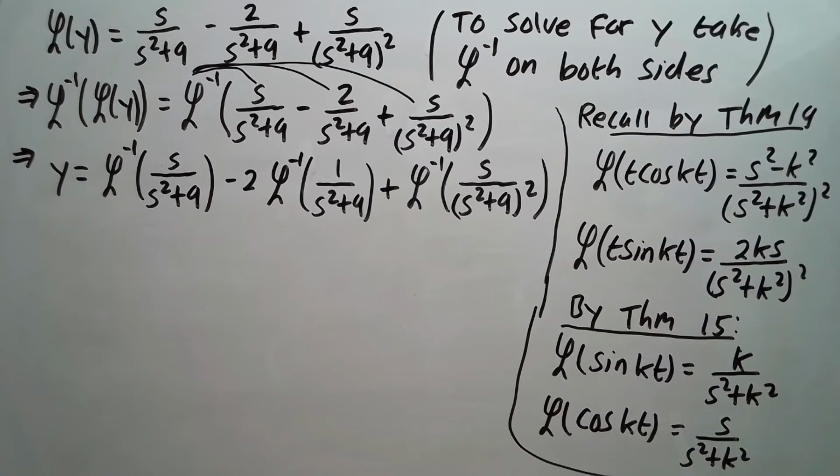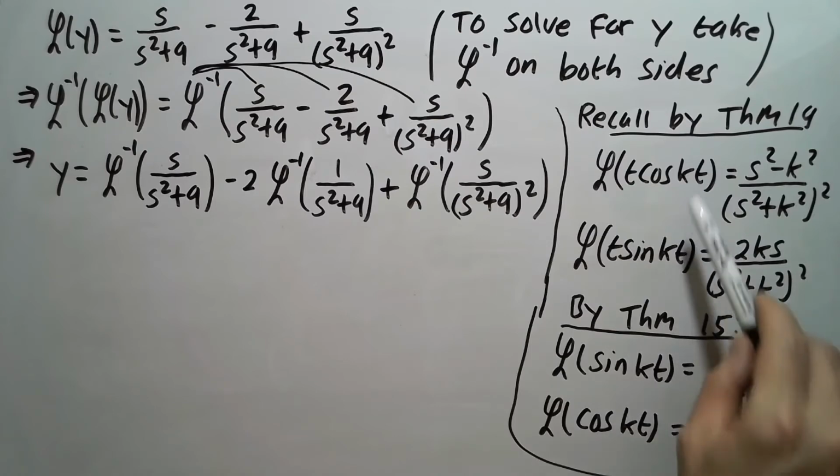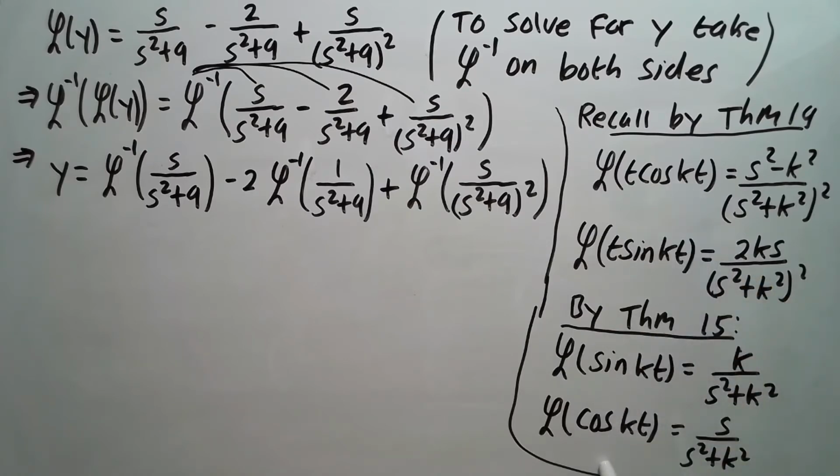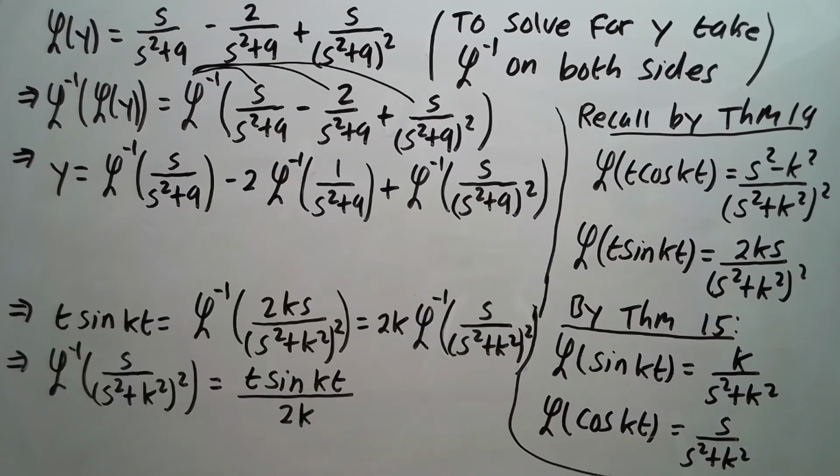Okay, so we need to change these into Laplace inverse formulas. So I can take Laplace inverse on both sides here, here, and here, and so forth. So doing that, we get the following Laplace inverse formulas. Looking at this one, taking Laplace inverse on both sides, we would have t sine kt equals Laplace inverse of 2ks over s squared plus k squared, squared.